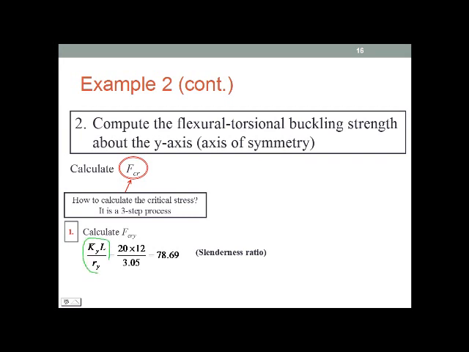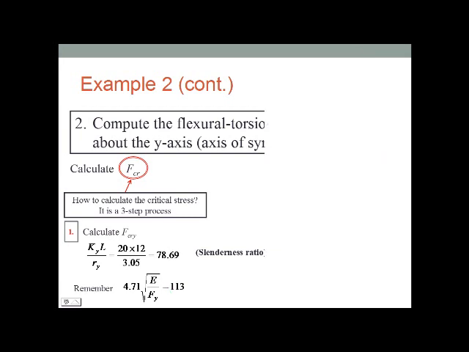Calculate the slenderness ratio with respect to Y, KL/Ry. Now if you substitute for the unknowns, you'll get a slenderness ratio of 78.69. Remember, the limiting value 4.71 multiplied by the square root of E/Fy equals 113.